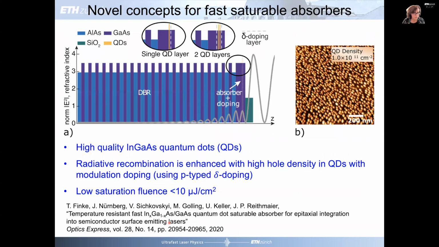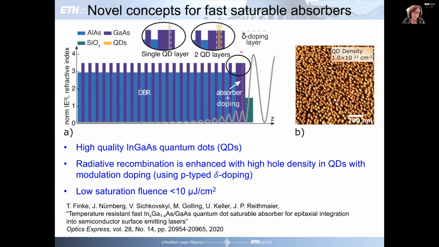So I already mentioned the early disappointment we had with quantum dots in the MIXSEL. I then started a collaboration with Professor Reitmeier, and he had the idea that you can also get very efficient trapping by using p-type delta doping next to the quantum dot. So you use high quality quantum dots, which then also have the expected low saturation fluence.